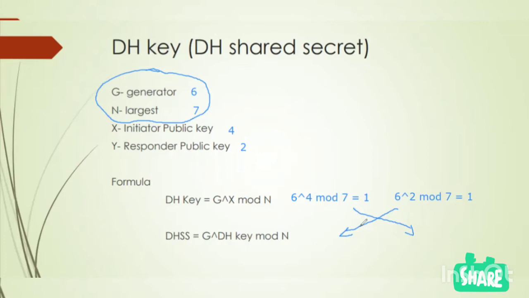Now they have to calculate the DH shared secret. Let's apply the formula. Now I got the value from my responder, so I'm going to implement that. G power DH key, the responder's DH key, which is 1, mod 7. What is the value? Let me Google it.